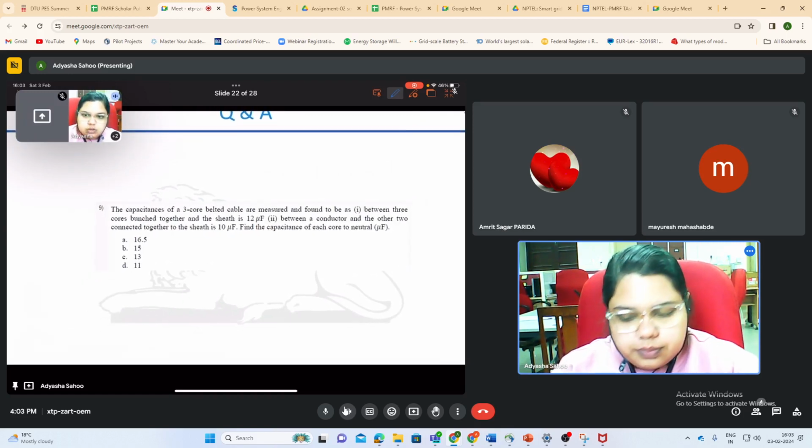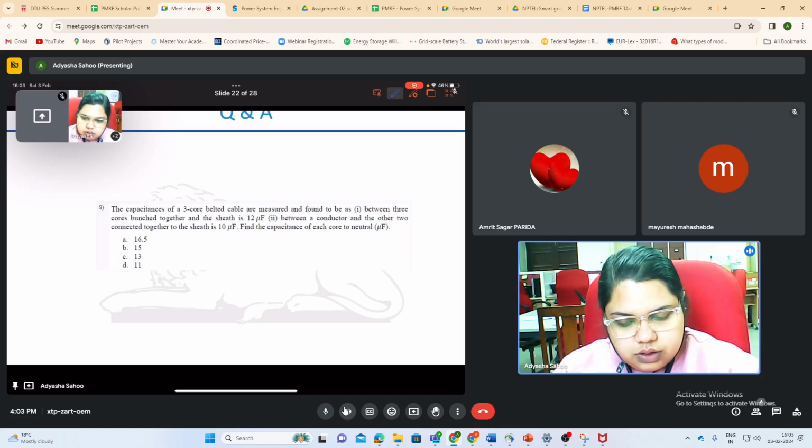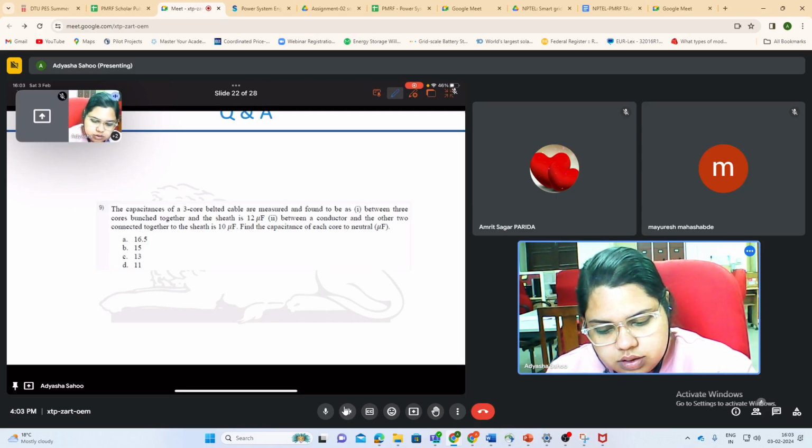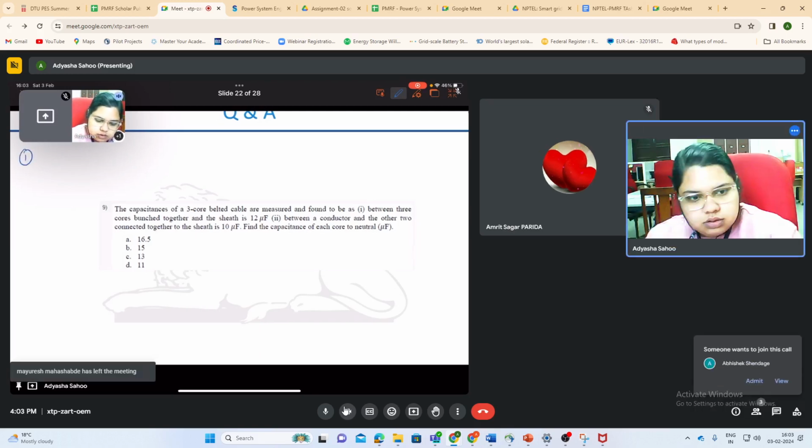Next question. The capacitance of a 3-core belted cable is measured and found to be as follows. We are conducting two sets of experiments here. The first one: 3 conductors are bunched together, and the capacitance between these 3 conductors bunched together and the sheath is 12 microfarads.